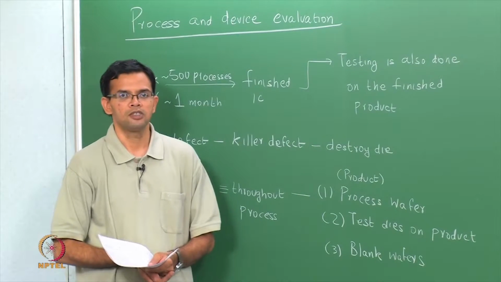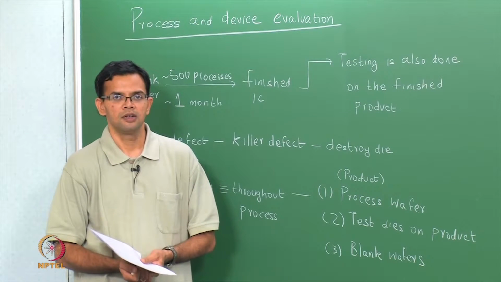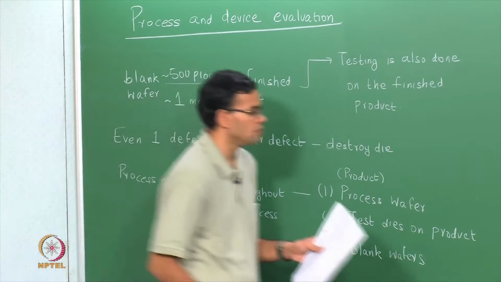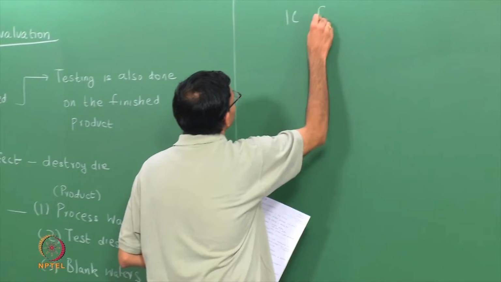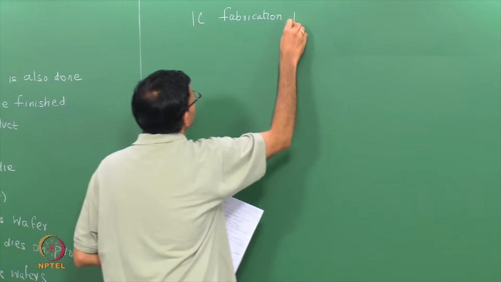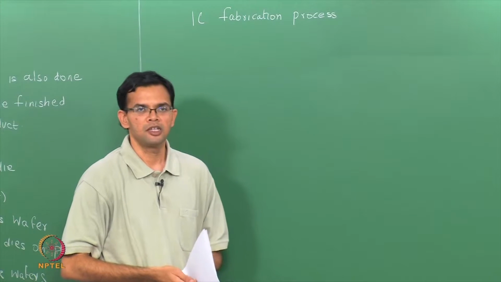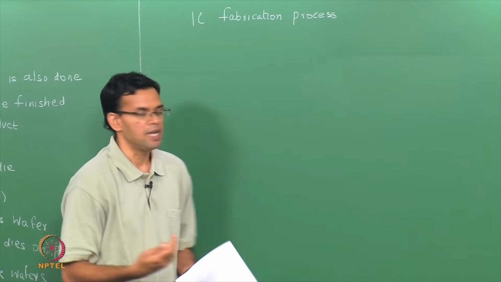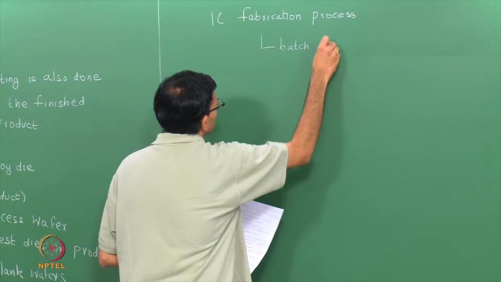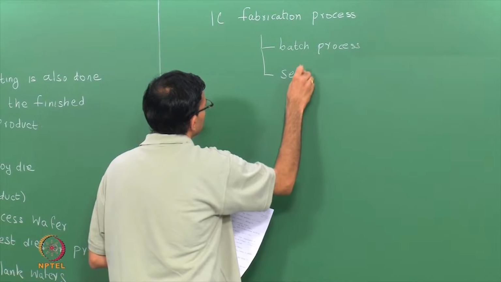To understand this process evaluation a bit more, we can divide the various processes that take place during IC fabrication into two main types. So, if you look at an IC fabrication process, it can either be a batch process or it can be a serial process.